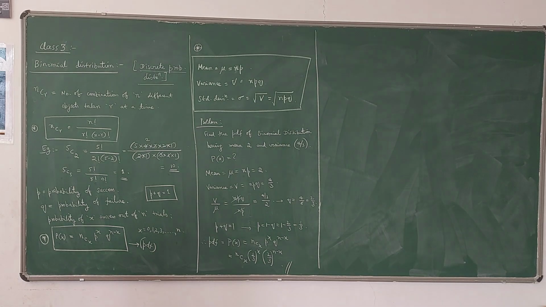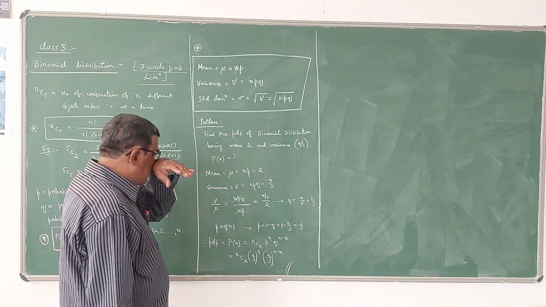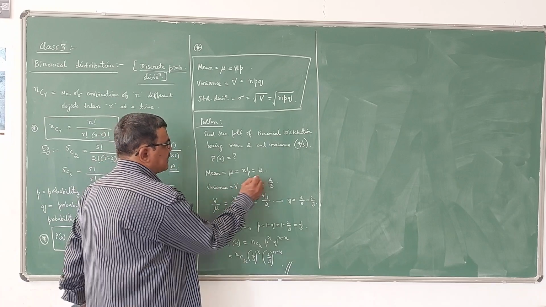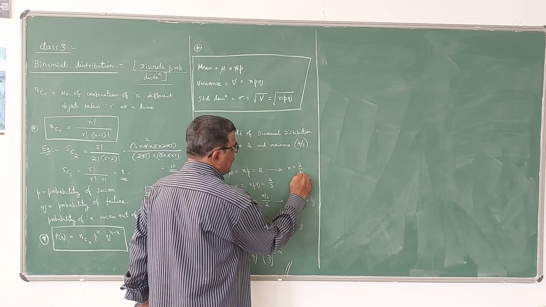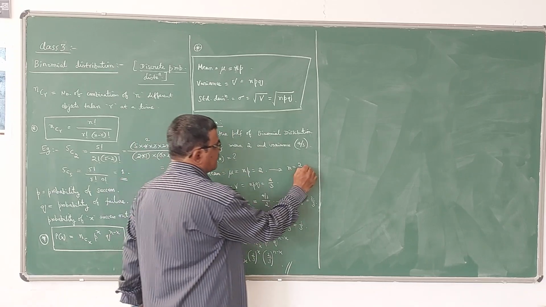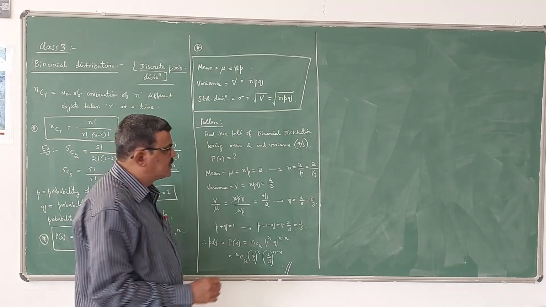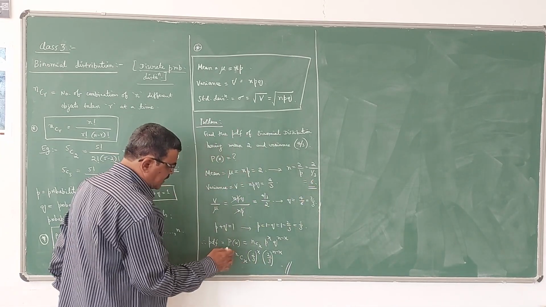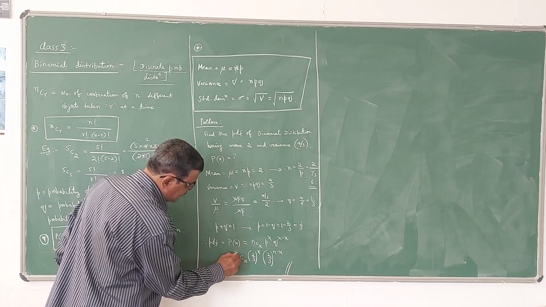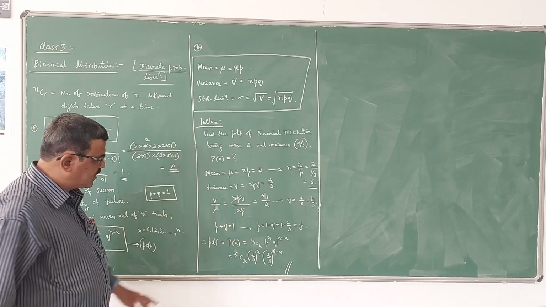Of course, n can be found out. What is the value of n here? n is equal to 2 by p, that is 2 divided by 1 by 3, so that means it is 6. n is 6, so you can write n as 6 here. So it's a function in terms of x.